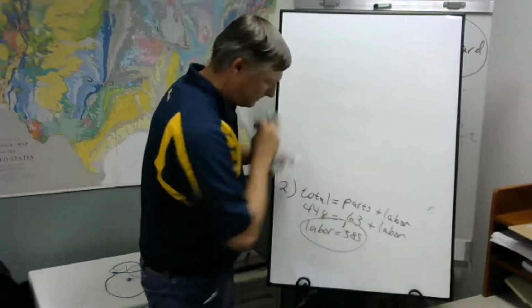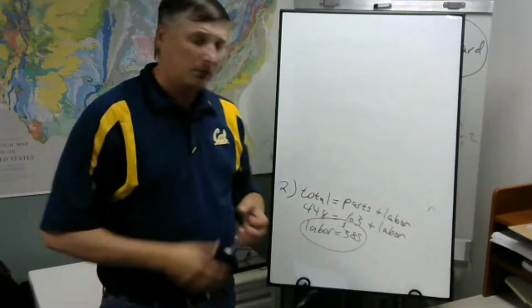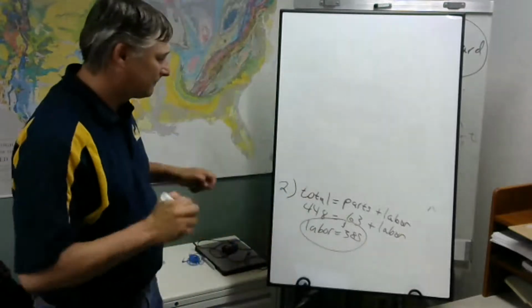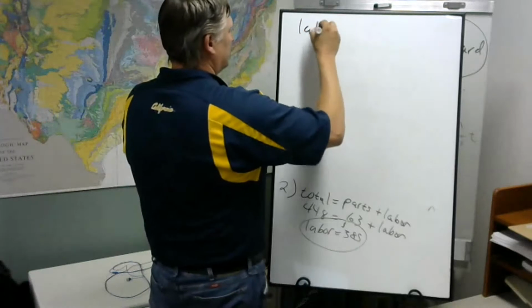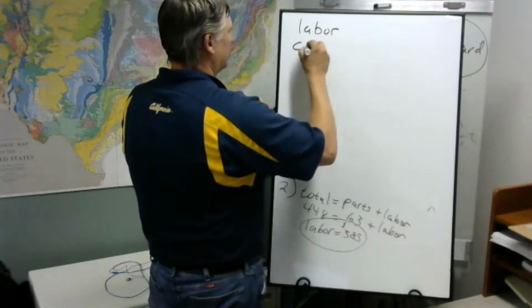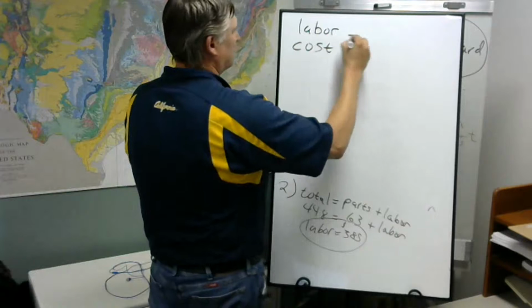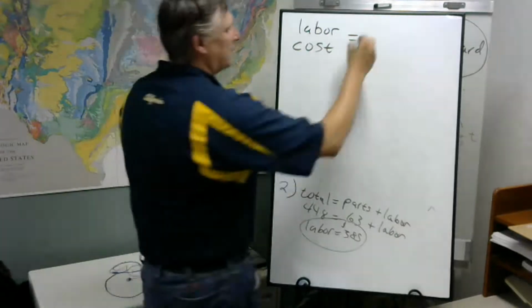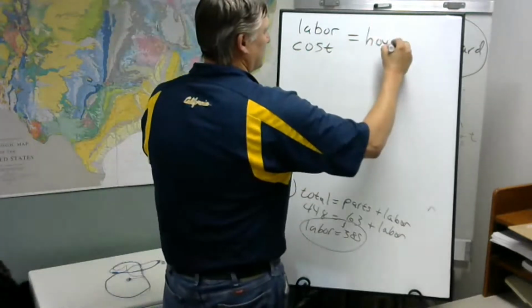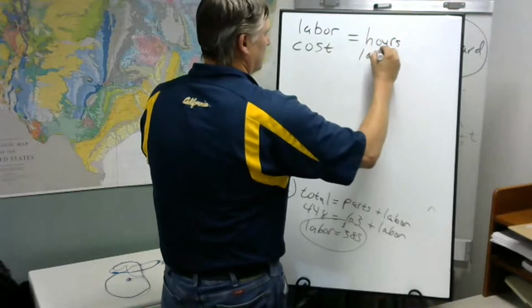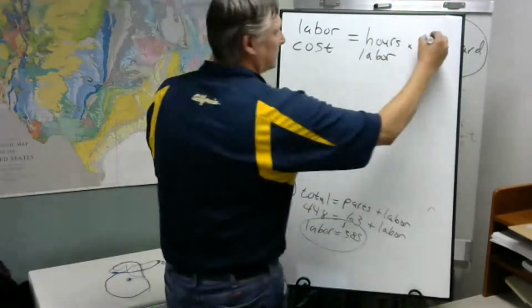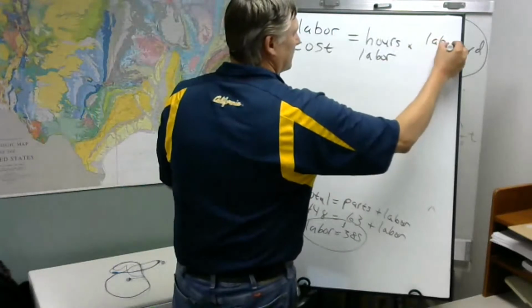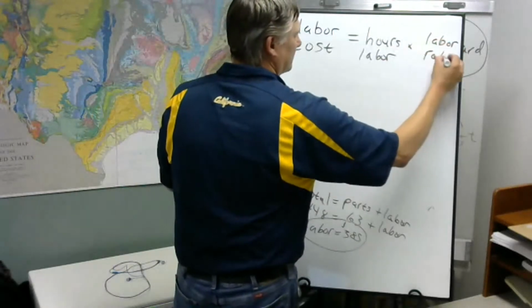Well, we know the total for labor is 385. The labor cost, well, that's going to be the hours of labor times the labor rate.